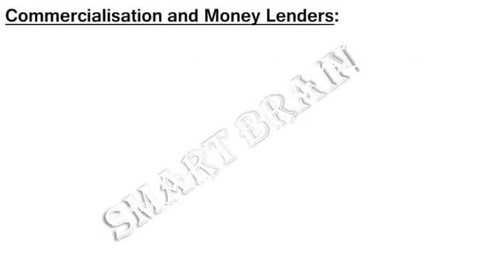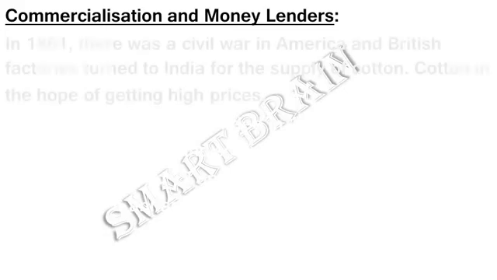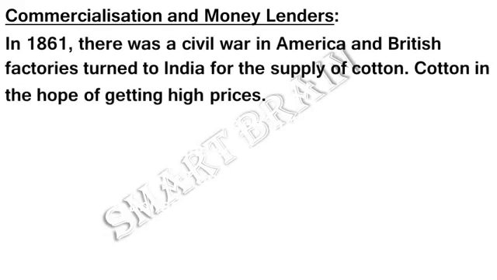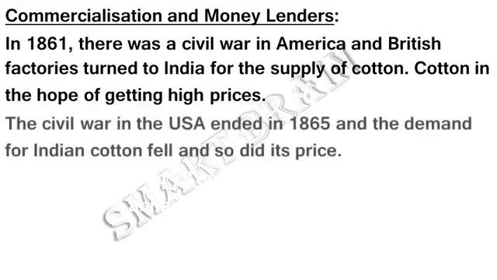Commercialization and moneylenders. In 1861, there was a civil war in America and British factories turned to India for the supply of cotton in the hope of getting high prices. The Civil War in the USA ended in 1865 and the demand for Indian cotton fell and so did its price.